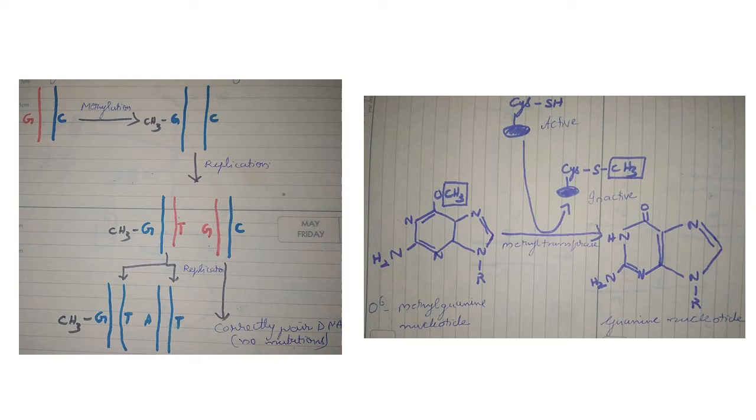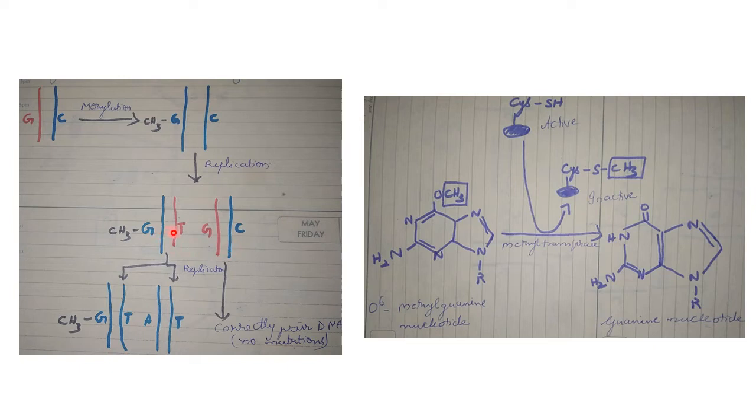And here if you see, this is a case of alkylation of guanine, that is methylation or alkylation of guanine, where a methyl group is added to guanine and it becomes O6 methyl guanine. And this guanine, if it undergoes replication, that is over here, you will see that it is pairing with thymine instead of cytosine, and one strand is normal and there is no mutation in that strand.